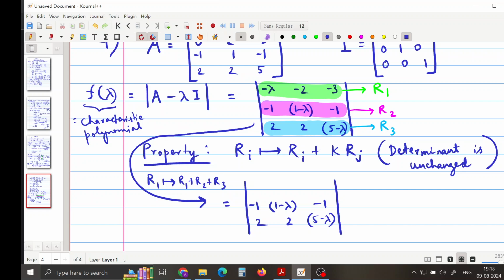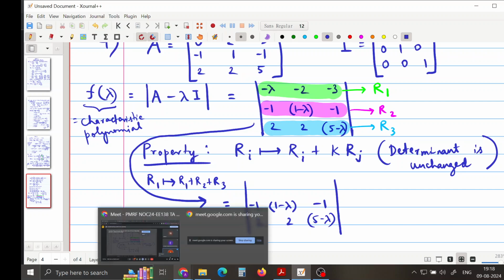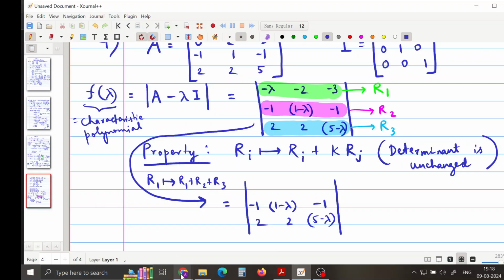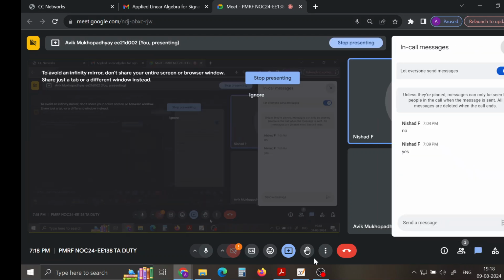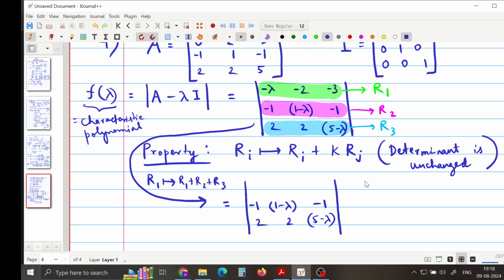Yes? Minus lambda minus 1 plus 2. Yeah, exactly. Minus lambda minus 1 plus 2, which is nothing but 1 minus lambda.